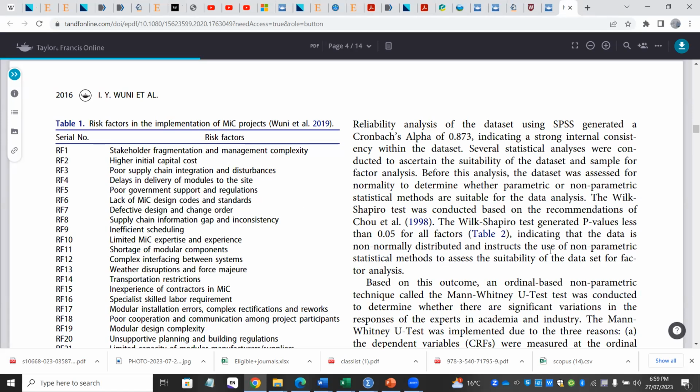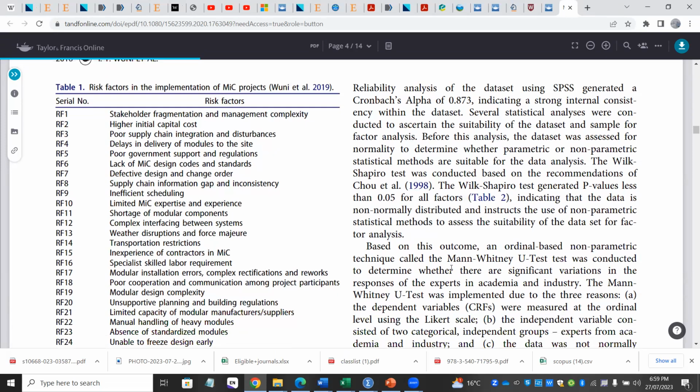So if you want to compare the groups, which in this case, he decided to compare the responses from the industry and academia. That's what he did. Because he was just comparing two, I also explained this to you in the other video.